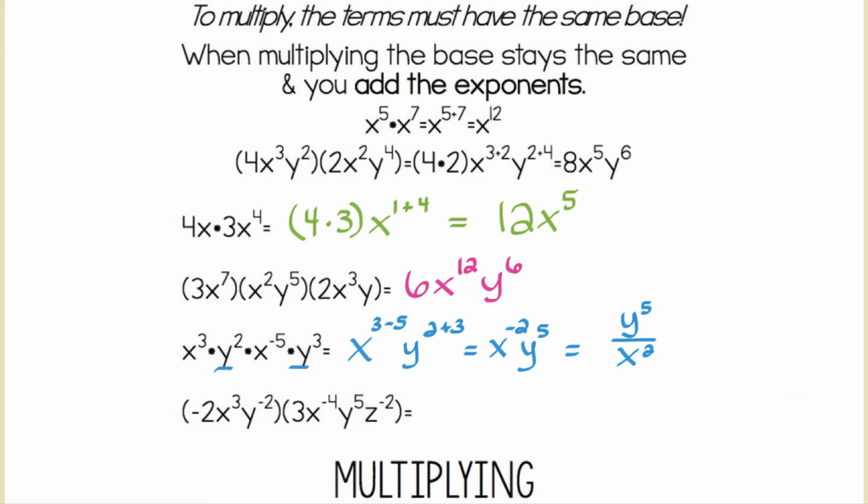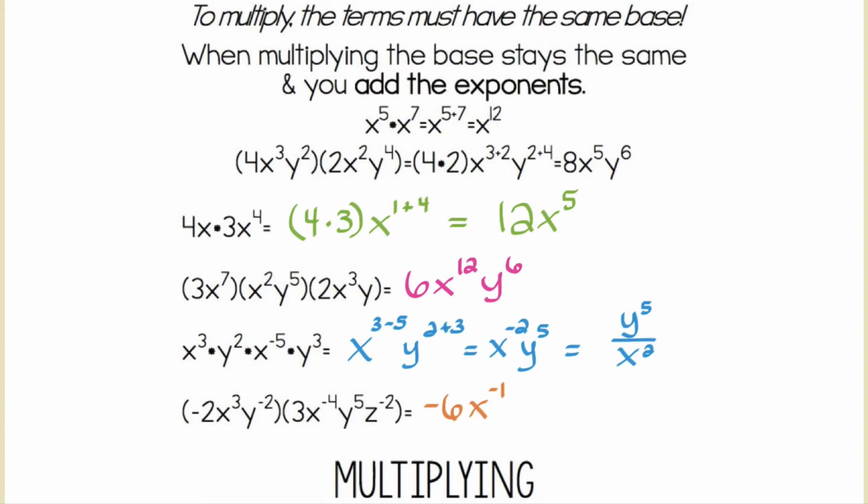And then the next one I have negative 2, x to the 3rd, y to the negative 2, times 3x to the negative 4, y to the 5th, z to the negative 2. So my coefficients, negative 2 times 3 give me negative 6. My x's, I have x to the 3rd and then negative 4.